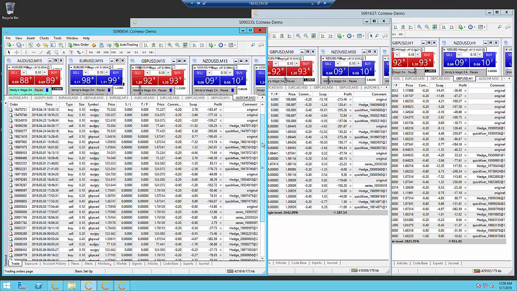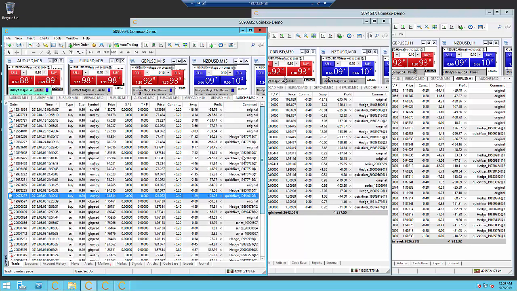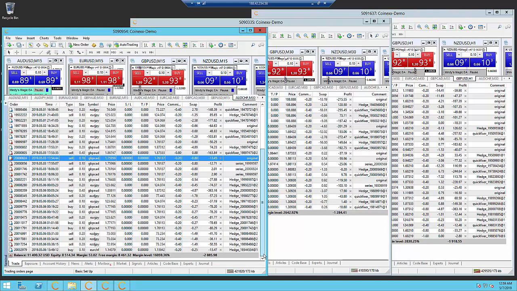And so what happened is now we have all of these hedges, because the trades higher up the list have needed to be hedged. So the EA is smart enough to continue to manage and hedge trades that need to be hedged, right? But it's not going to make any new trades until some of these hedges come off.